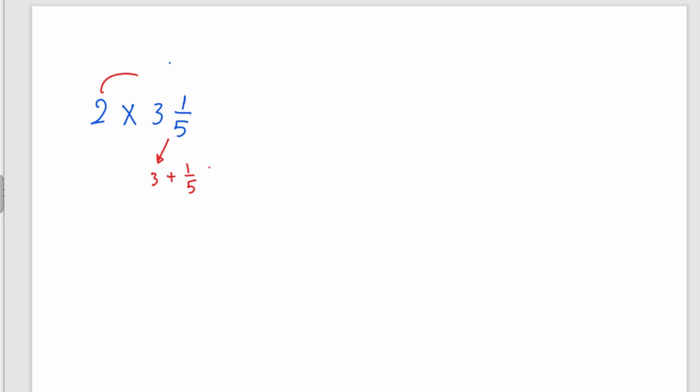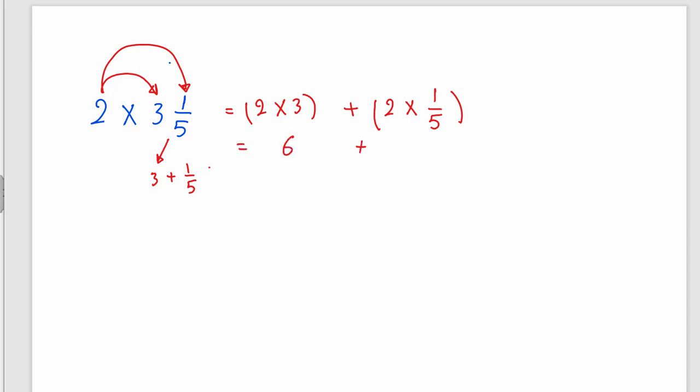So we multiply the 2 by the 3 and multiply the 2 by the 1/5. 2 times 3 equals 6. 2 times 1/5 equals 2/5. Now we have 6 plus 2/5, which is equal to 6 and 2/5. So this is the first way.